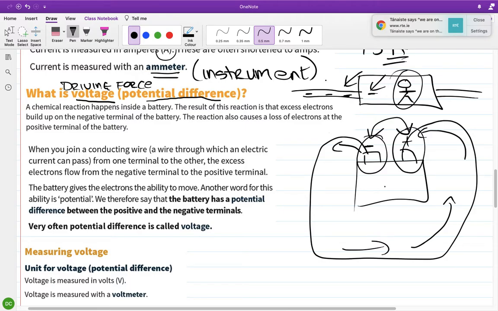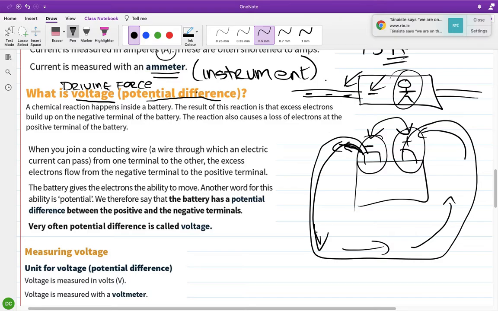Depending on how big the potential difference is, these electrons will either move nice and under control and slowly, or they'll fly around like what I did with the simulation.